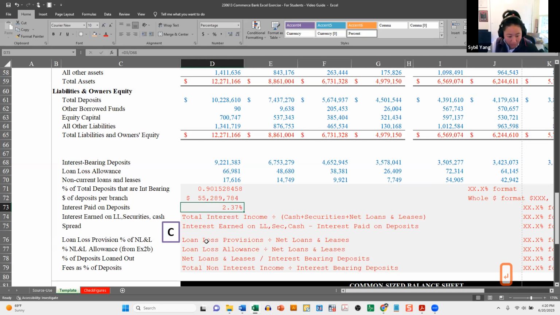Okay, total interest earned on loans, leases, securities, and cash. So that'll be the total interest income divided by the cash plus securities plus net loans and leases.